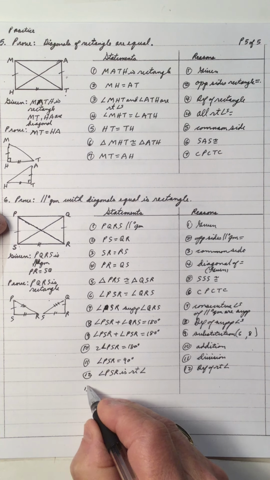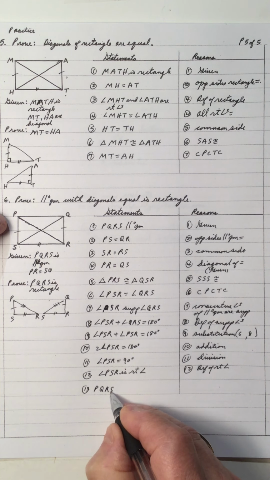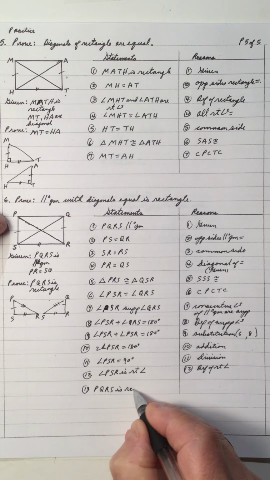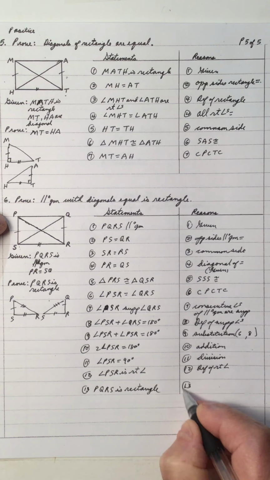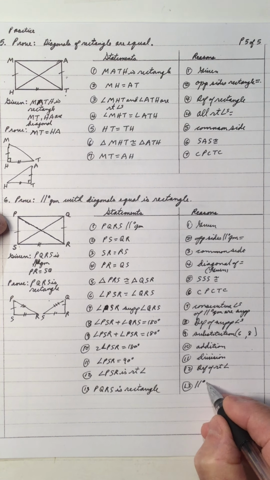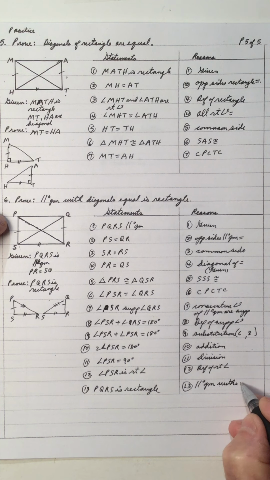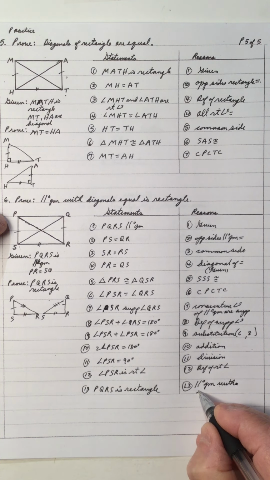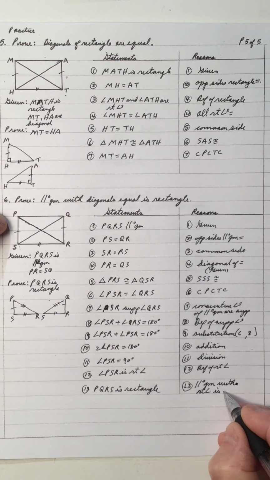And so PQRS is a rectangle because a parallelogram with a right angle is a rectangle.